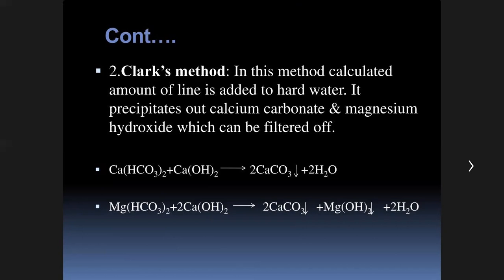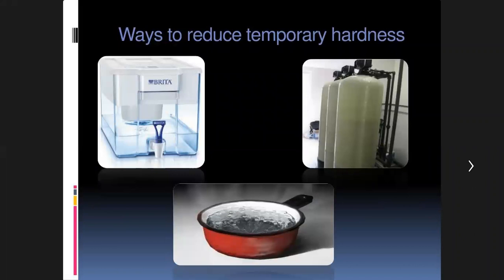And with magnesium hydrogen carbonate, you will get calcium carbonate plus magnesium hydroxide Mg(OH)2 and H2O. Clear? So these are the ways to remove the temporary hardness.